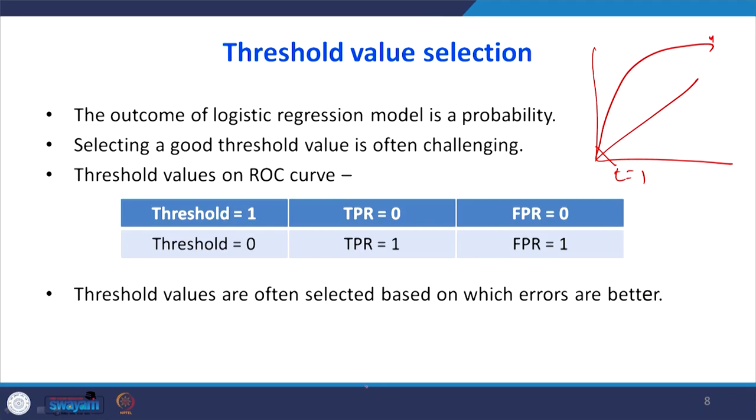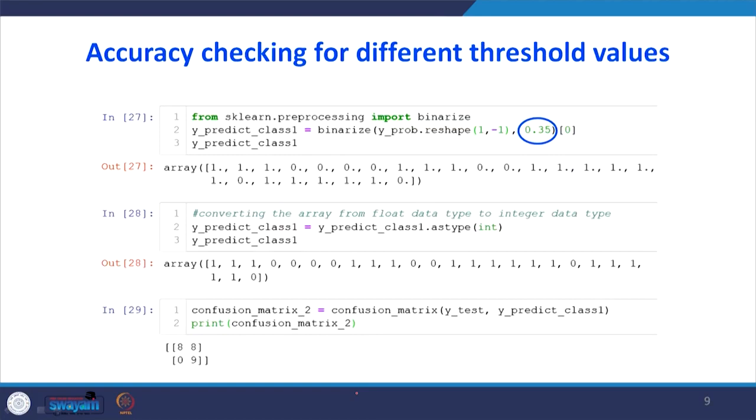Threshold values are often selected based on which error is better. At present we randomly choose a threshold value of 0.35. Let us compare by changing different threshold values and verify which threshold value is the right choice for us.